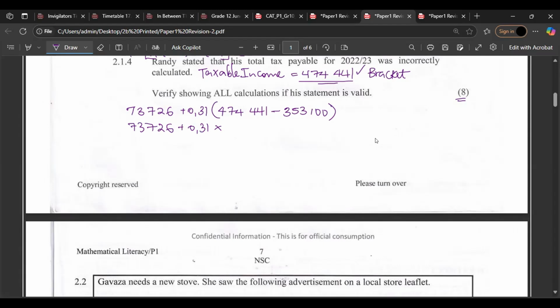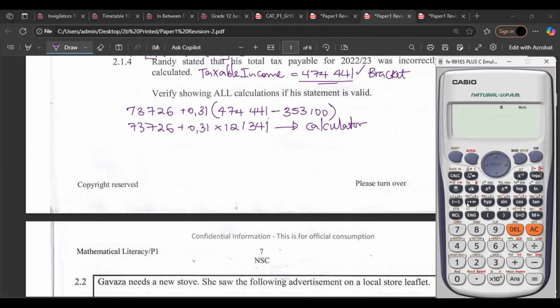Simplify the brackets. So at this moment, please call in the calculator. Put everything in your calculator, which will be 73,726 plus 0.31 times.